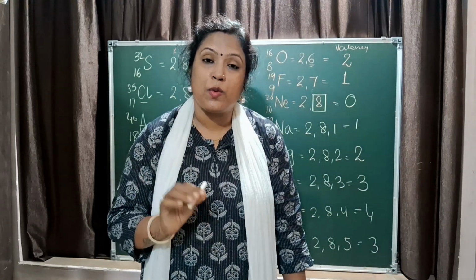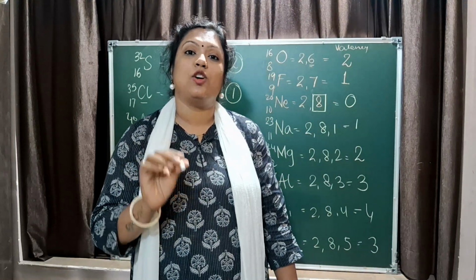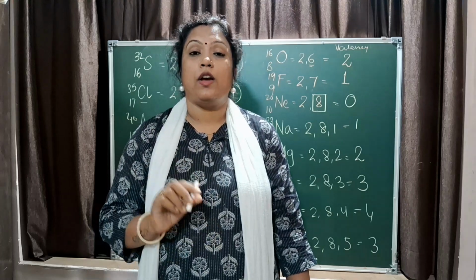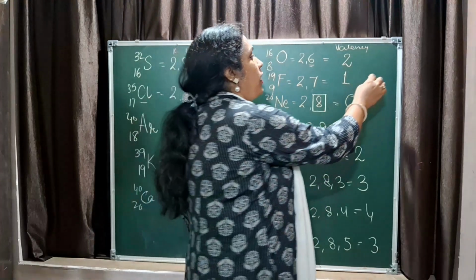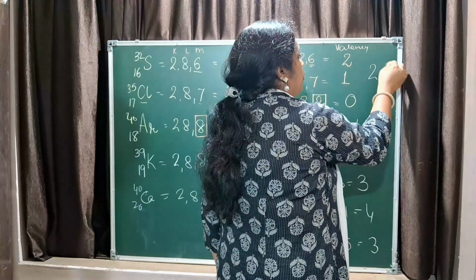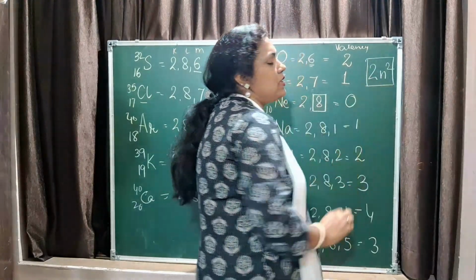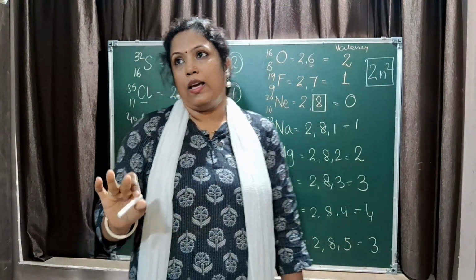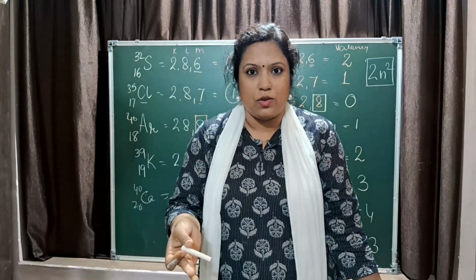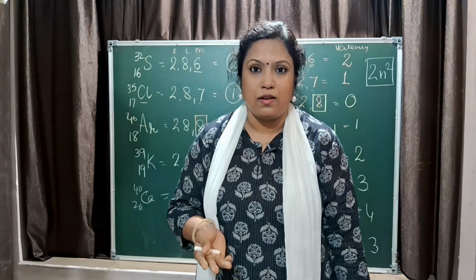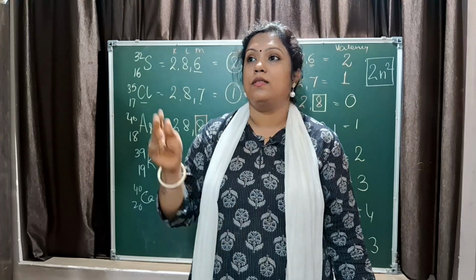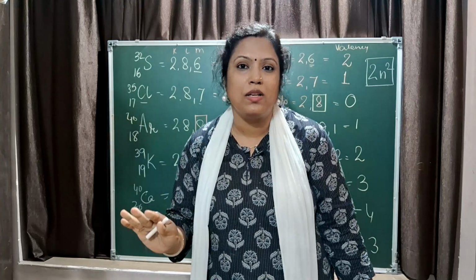When in exam the question is asked what is the capacity of M shell, then you have to write 18, 2n square. This formula has to be used to find the capacity. Now this is very basic to understand. If I have a room where I am teaching you right now, it can have the capacity of 10 people, right? But maybe 4 can live comfortably.